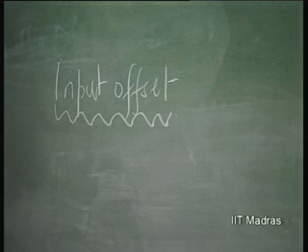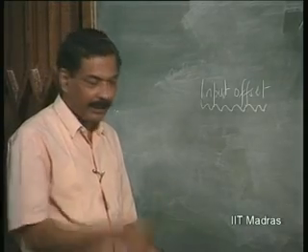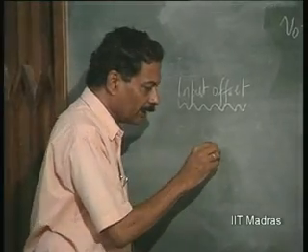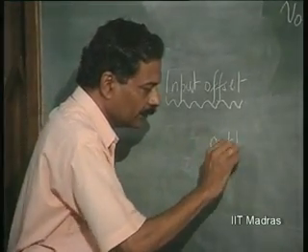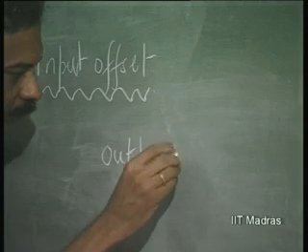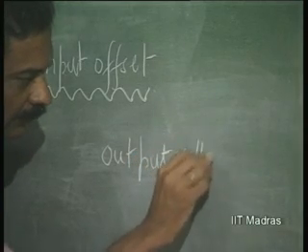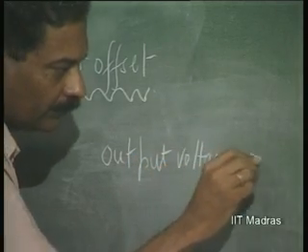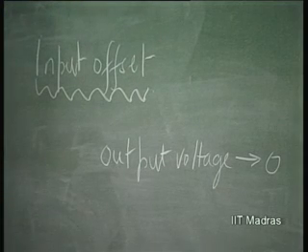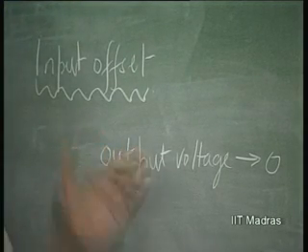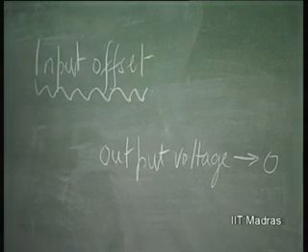Input offset is that voltage that we have to apply at the input in order to make the output voltage go to 0. Is the definition clear?